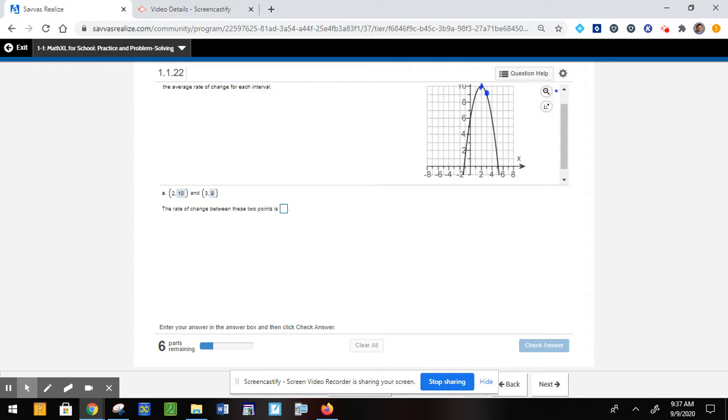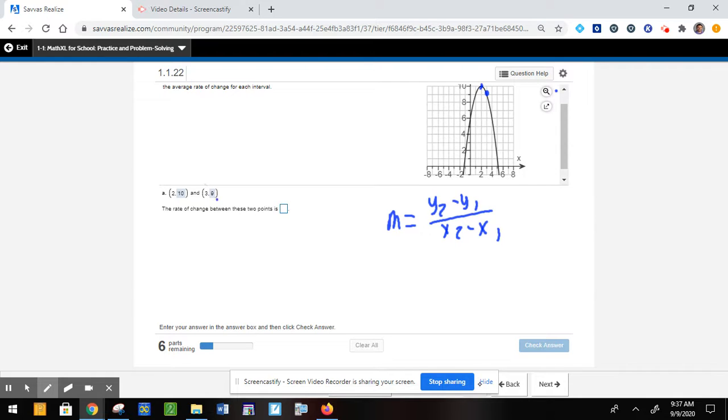The rate of change between those points is, all right, so it's just finding slope. So the formula for slope is y2 minus y1 over x2 minus x1. First point's your x1 and your y1. The second point's your x2 and your y2.